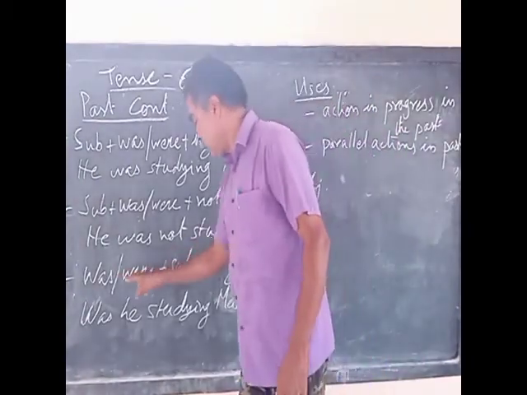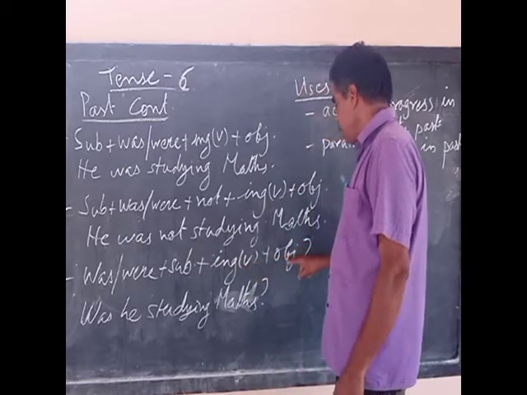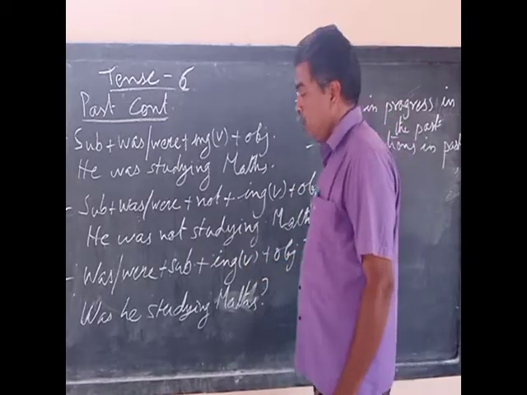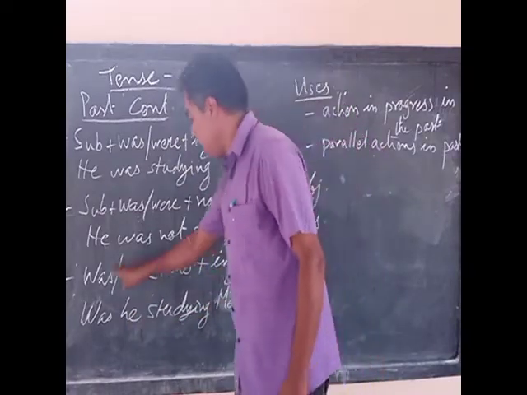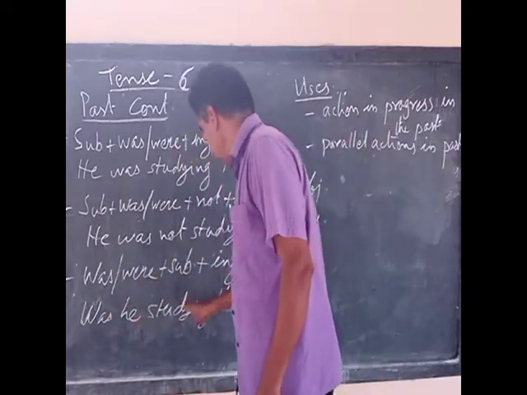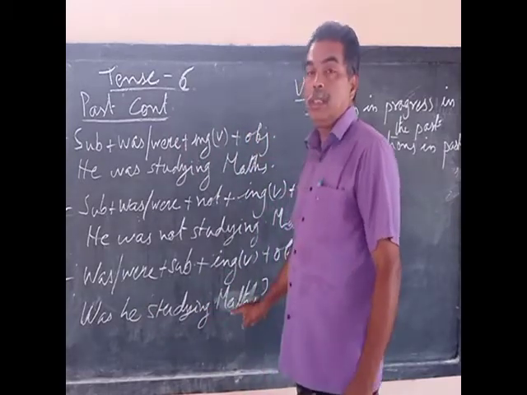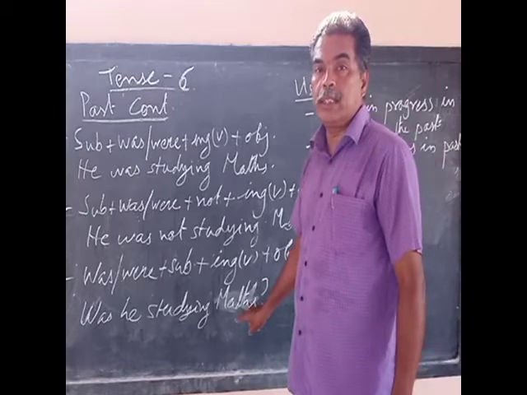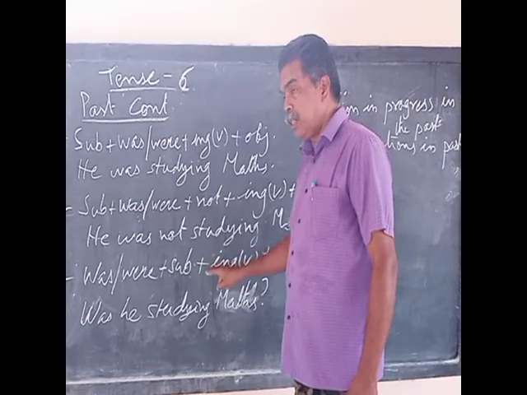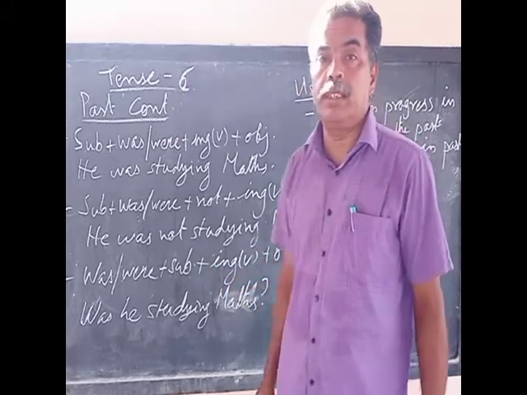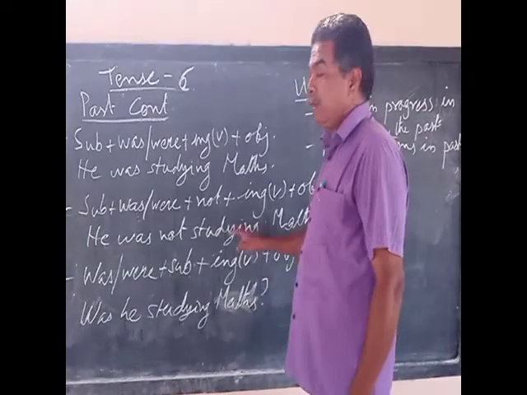So: was he studying maths? Was he studying, ing verb and object, with the question mark. That's how the question sentence structure in the past continuous tense is made.